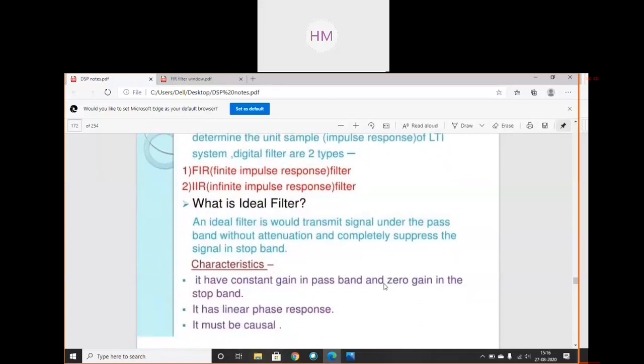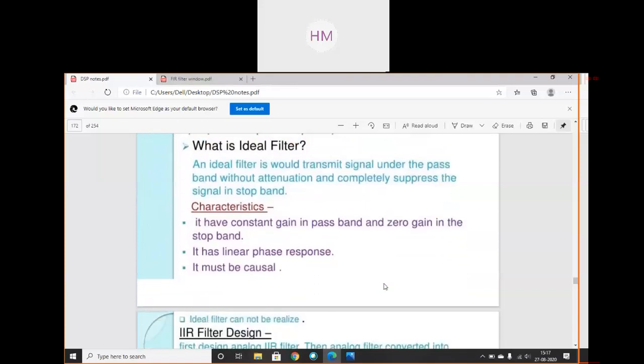What is an ideal filter? An ideal filter is used to transmit the signal in the pass band without attenuation and completely suppress the signal in the stop band. Got the meaning of an ideal filter? Whatever the pass band range, it will pass the signal as it is without any attenuation, and it will suppress the signal in the stop band.